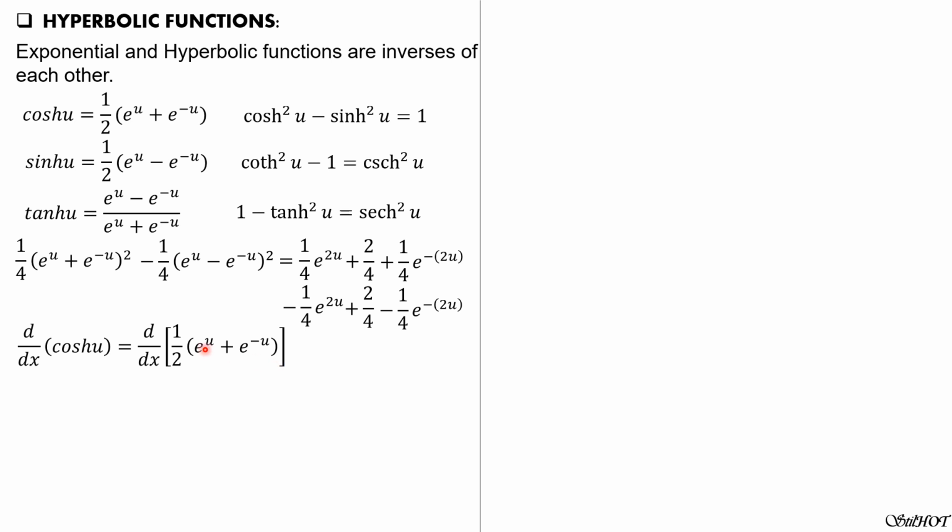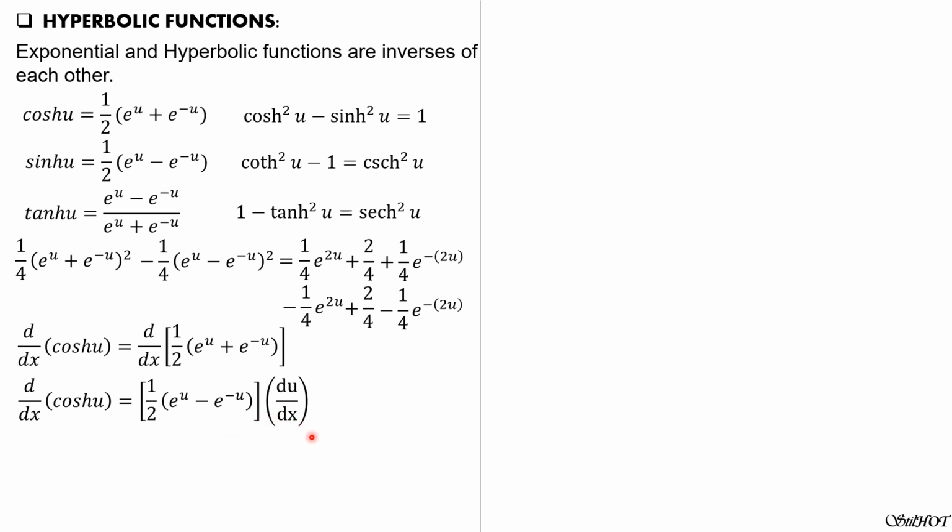So therefore, the result is negative 1/2 e to the u minus e to the negative u du dx. And since 1/2 of e to the u minus e to the negative u is sine hyperbolic of u, and there is a negative sign here because of negative du dx, therefore the derivative of cosine hyperbolic of u is negative sine hyperbolic of u.